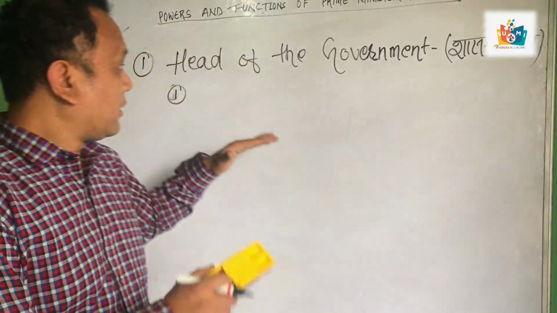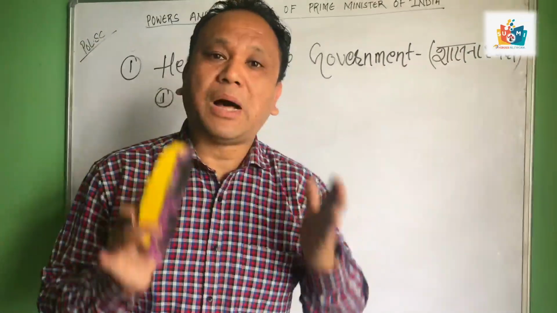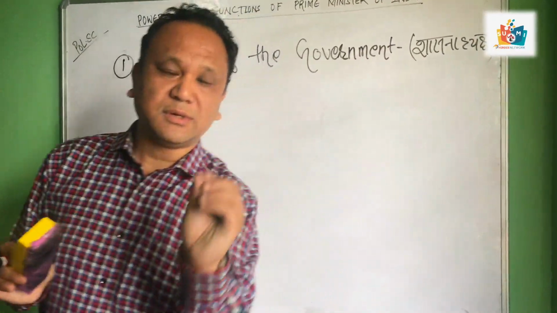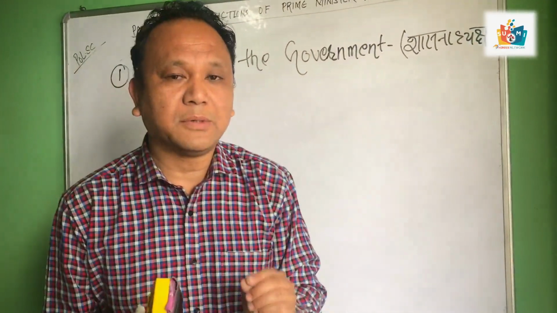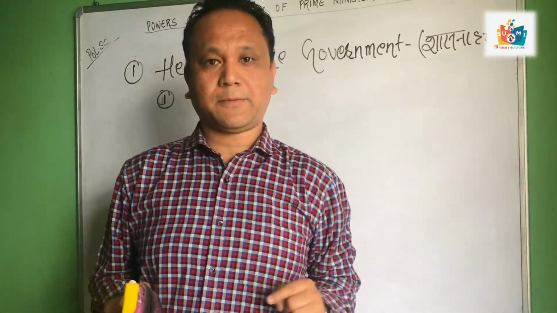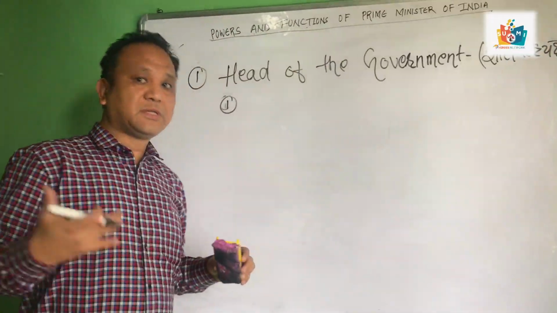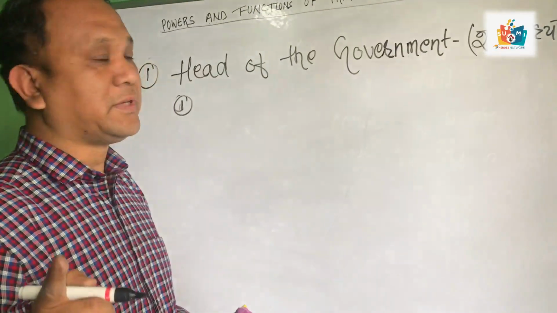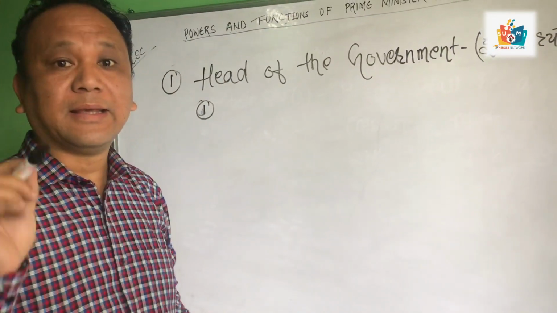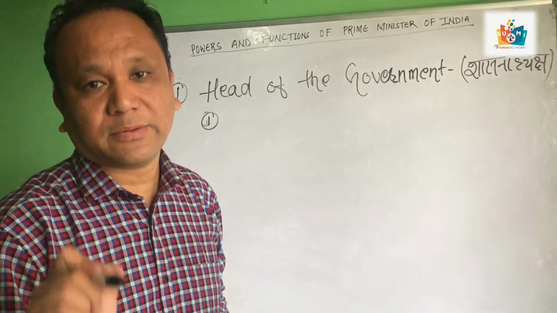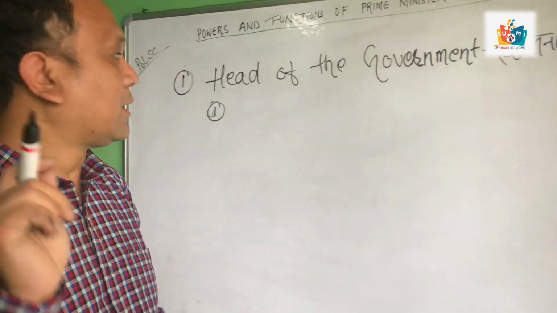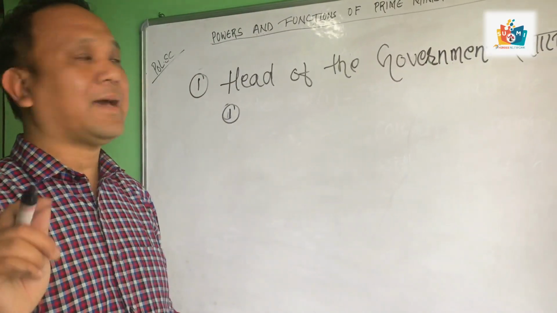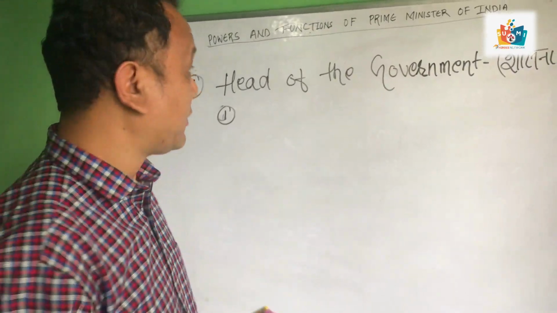So here we see that the real power lies in the hands of the Prime Minister. Sometimes we say that the Prime Minister is the real executive, whereas the President is the nominal executive. Please make a note of it.